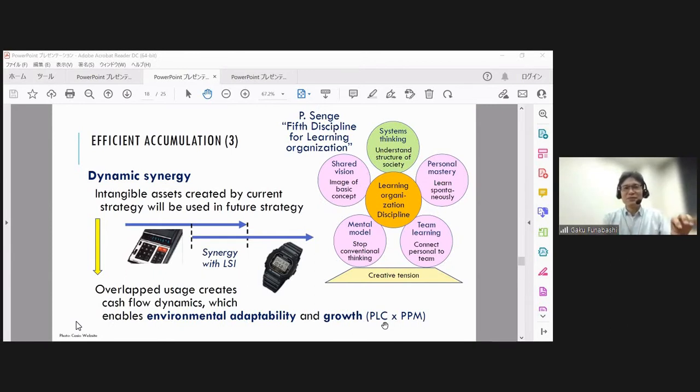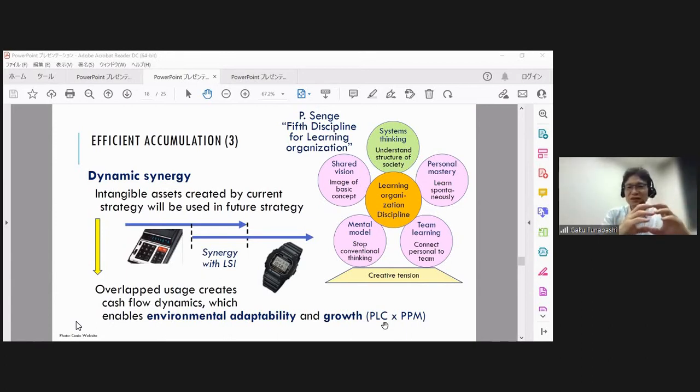Dynamic synergy, again, it is a mixture of product life cycle and product portfolio management. Again, in the product portfolio management, there is a cash cow. Cash cow can make a profit. And the gist of product portfolio management is using this profit from cash cow, where you will invest this money: on the cash cow, stars, question mark, or dogs.